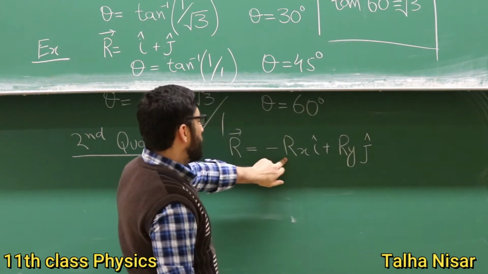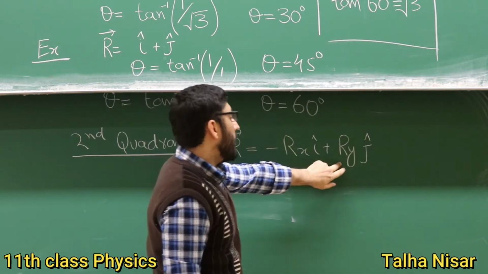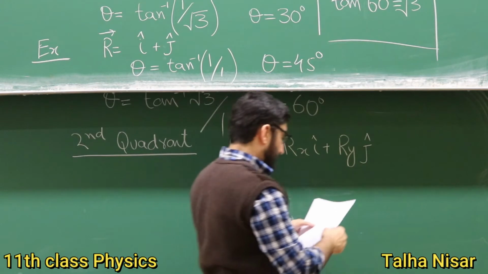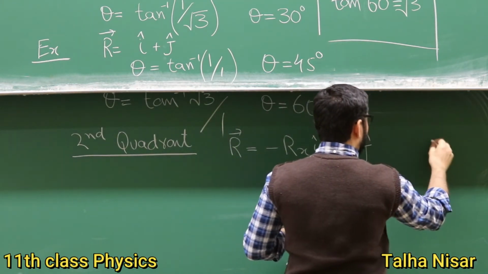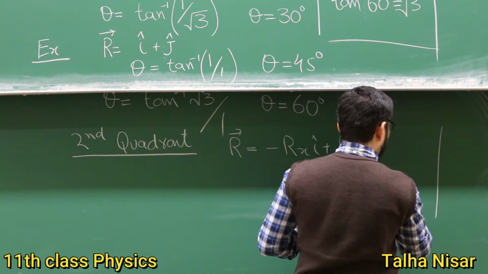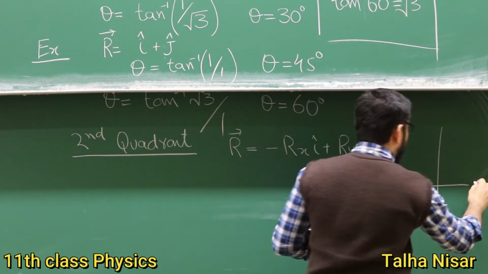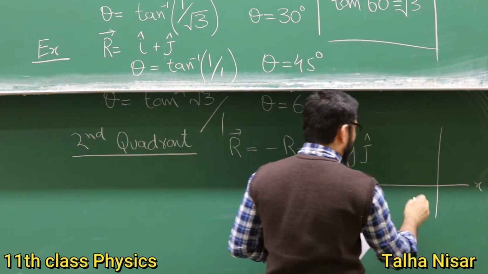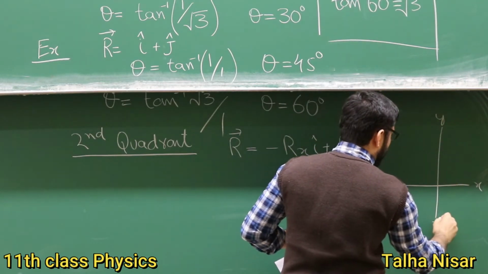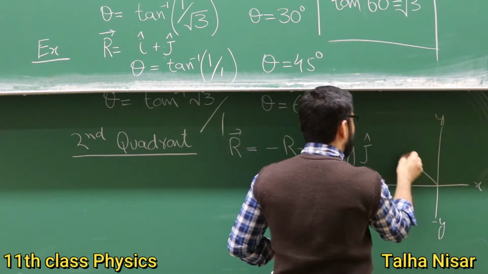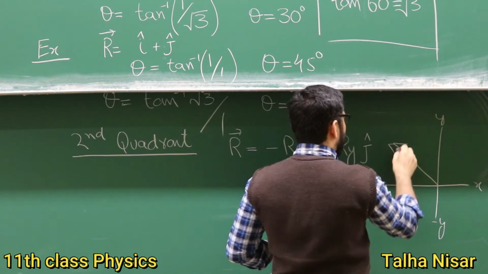So the x value is negative and the y value is positive. Our vector is here.